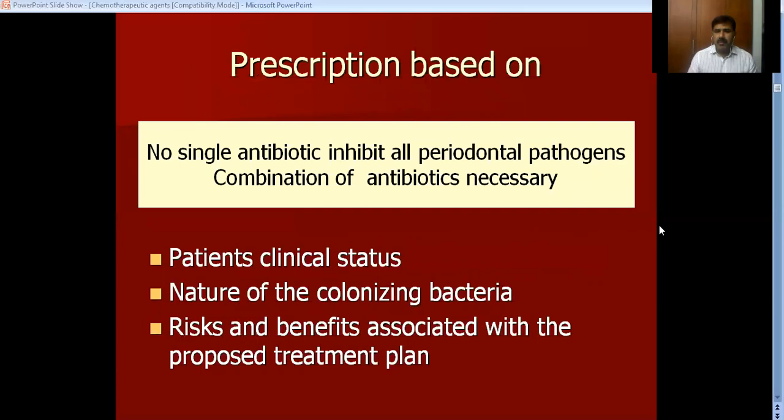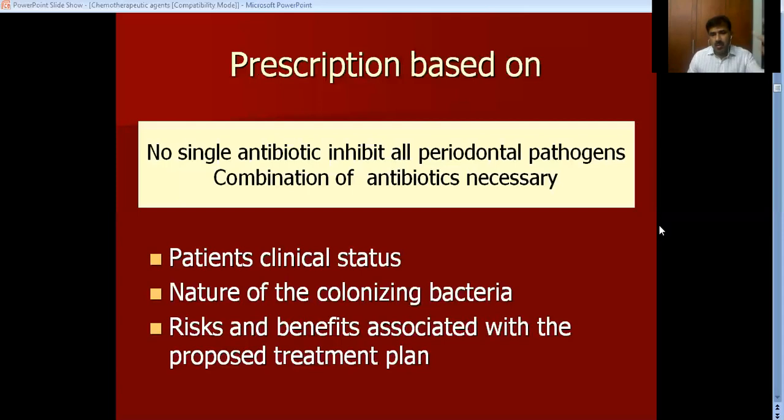So how do you base your prescription? As I told you before, no single antibiotic will inhibit all periodontal pathogens. So basically, you may have to combine two or three antibiotics so that you have cumulative effects acting together to control the growth of periodontal pathogens.